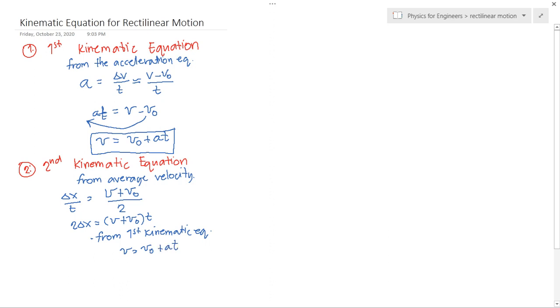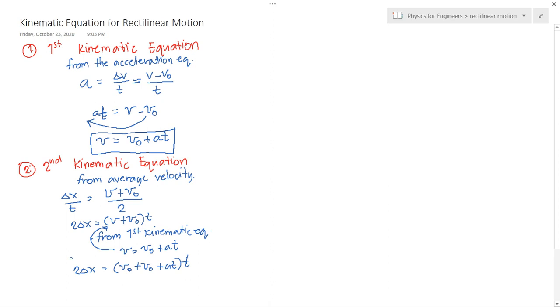So itong final velocity natin is yun lang yung idagdag natin dito, so just substitute it here. So therefore magiging ano na to, 2 delta x is equals to v naught plus v naught plus at times time. So may time ka na. Then what will you do next?